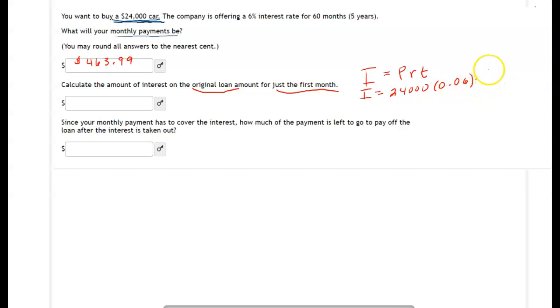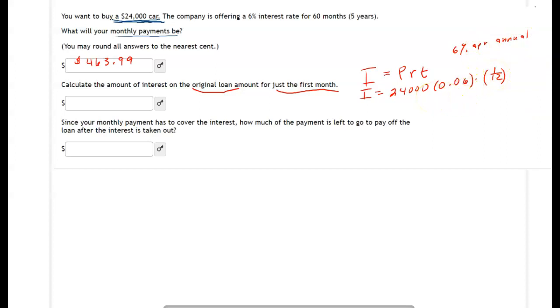And now the time is the interesting one, because this is 1 month and is only 1/12 of a year. So remember the 6% is 6% APR, that's the interest rate, and that is assumed to be annually, okay? Annual percentage rate.